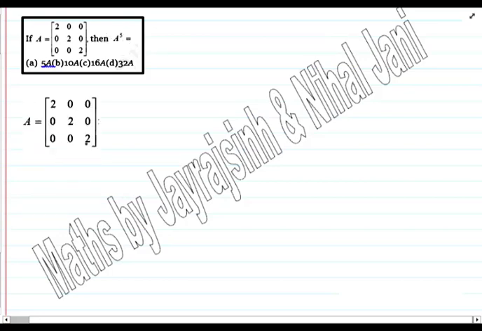Actually, A is a scalar matrix, and a scalar matrix has a property that if we have to find A raised to 5, then we just have to take 2 raised to 5 0 0, 0 2 raised to 5 0, 0 0 and 2 raised to 5. That's it. Just take the power of each element.